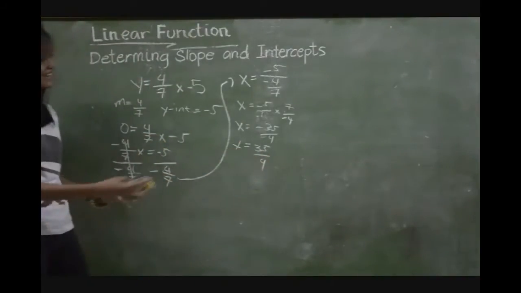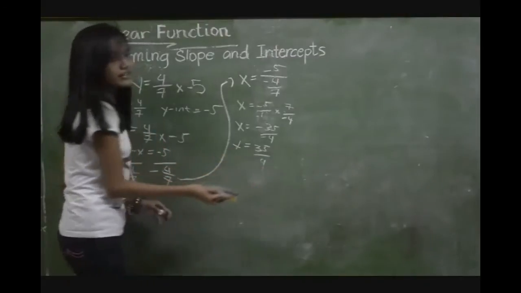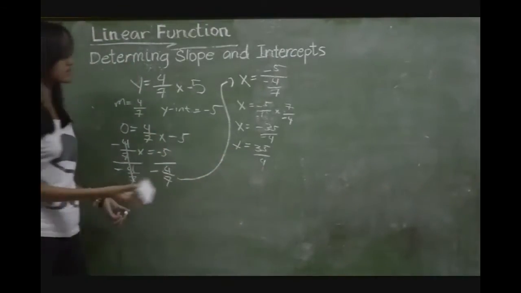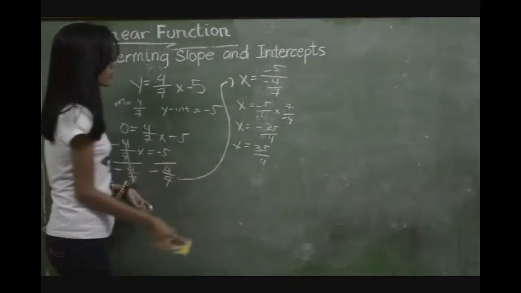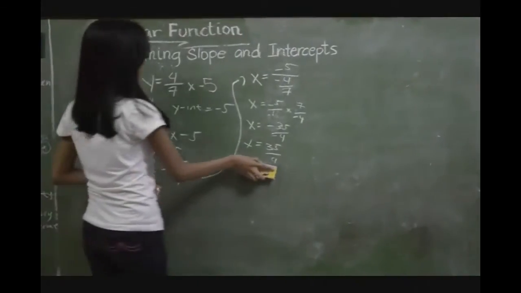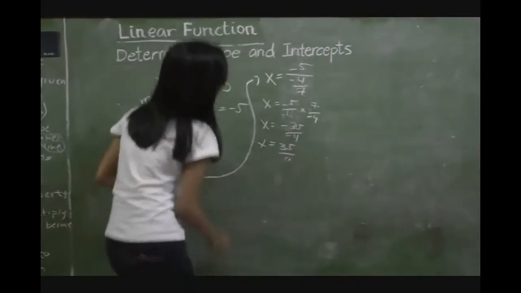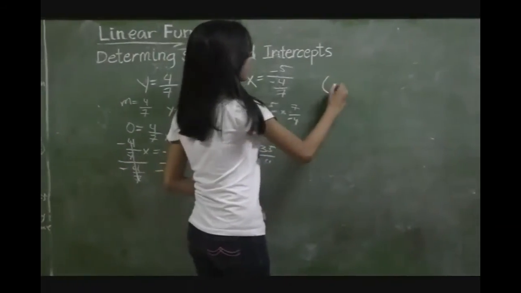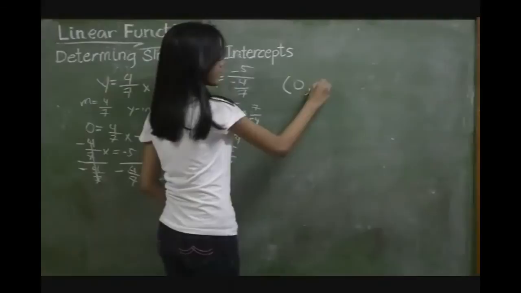Now, let me show you how to find some points of 4/7x minus 5. Let us use the y-intercept, 0, negative 5.